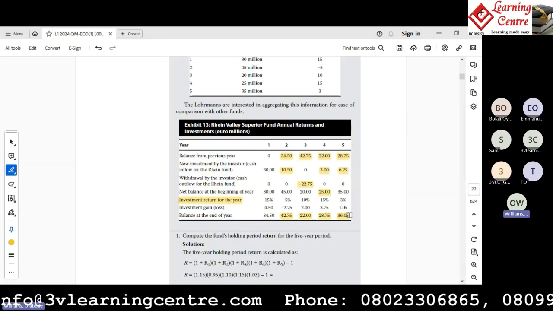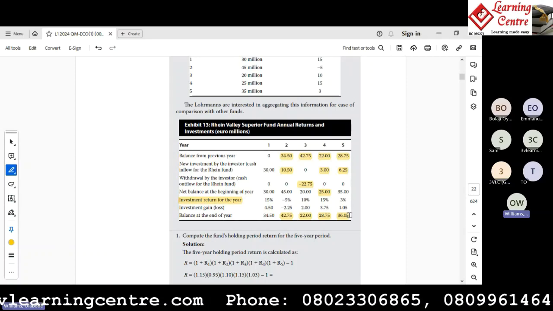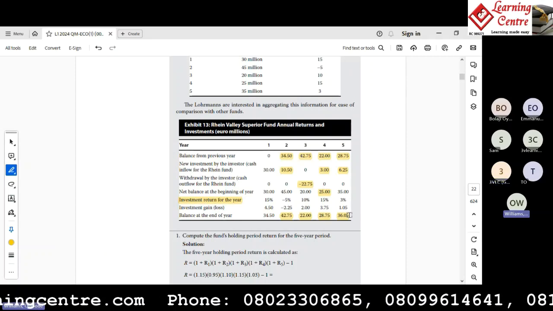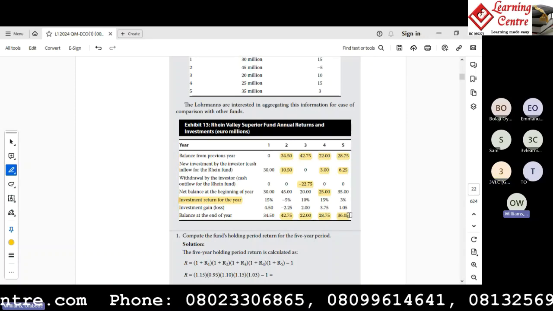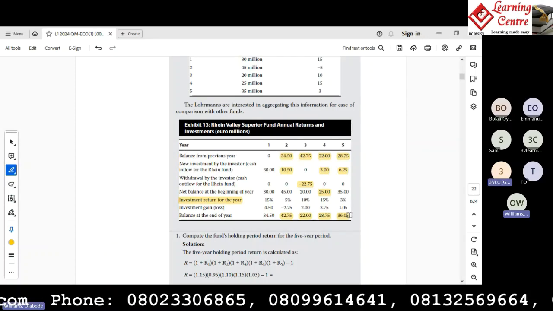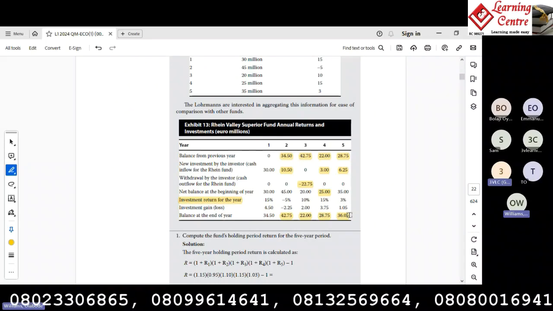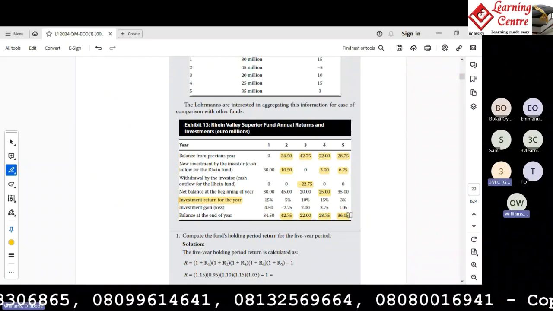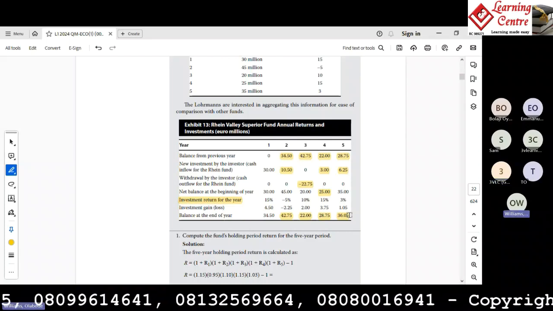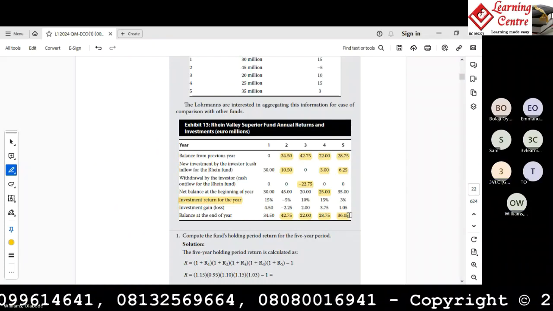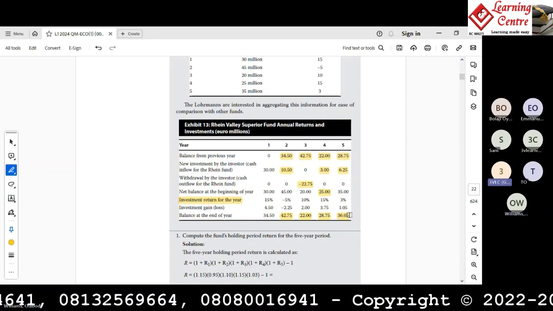And using that, we can actually derive the actual amount of withdrawal each year or each period, and the actual amount of additional funds invested each period. And that's what this has enabled us to do. Are we clear? Yes.